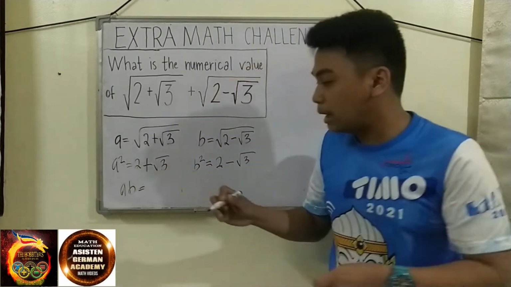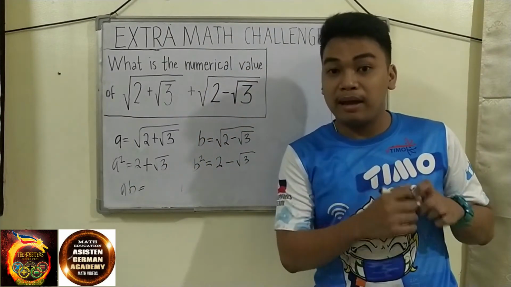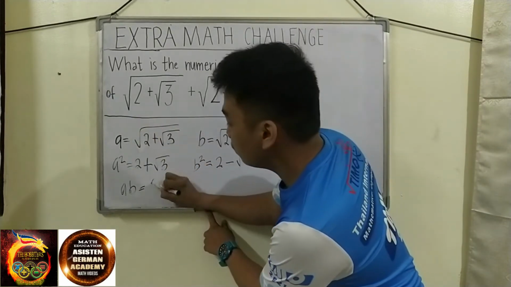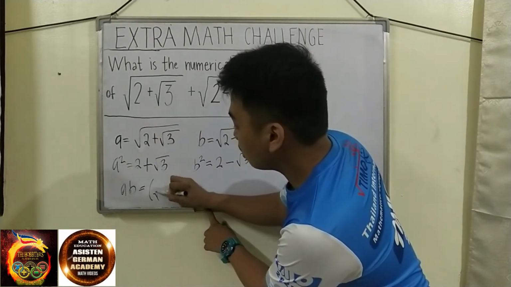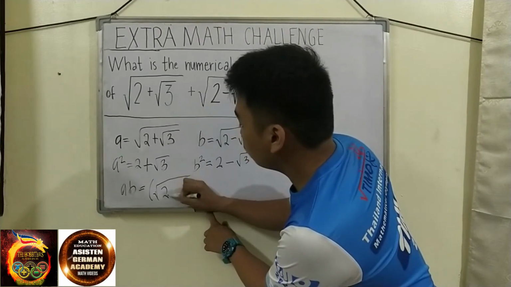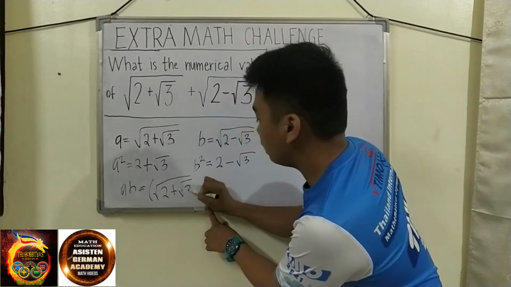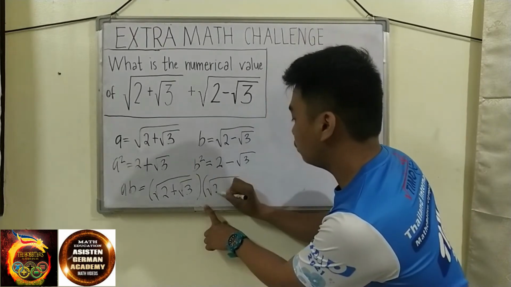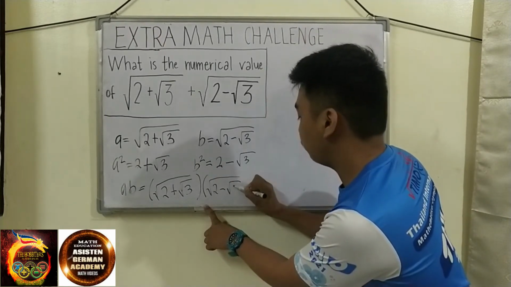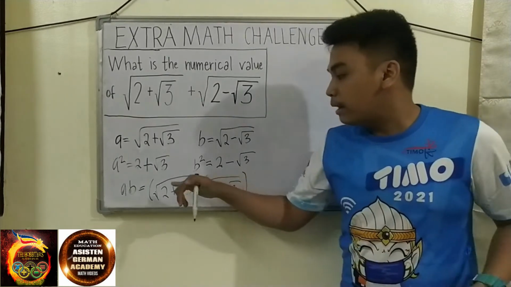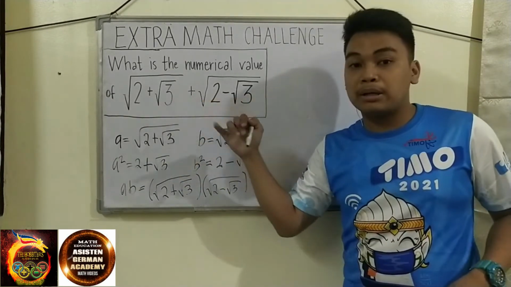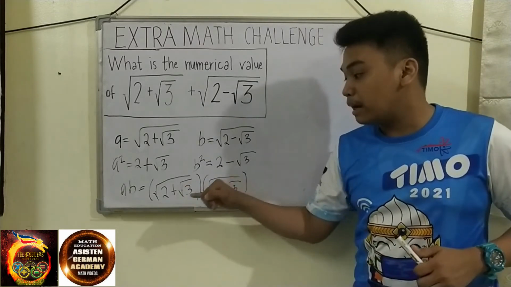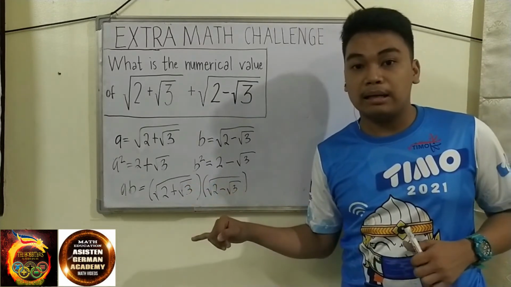Remember that AB is the product of A and B. Since our A is equal to the square root of 2 plus square root of 3, and our B is equal to square root of 2 minus square root of 3, and the two expressions have the same index, we can directly multiply the numbers inside the radical sign.